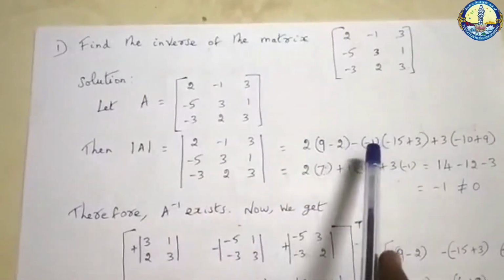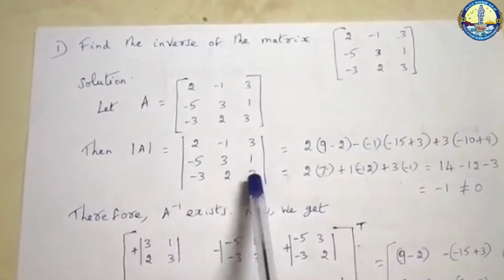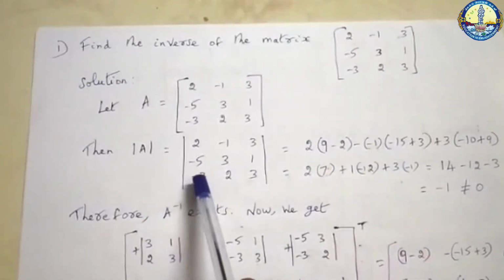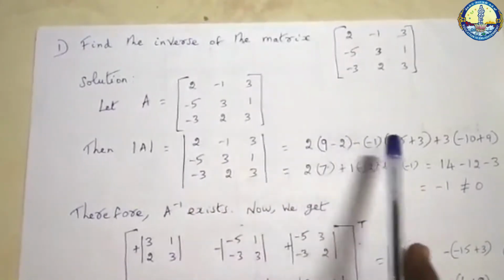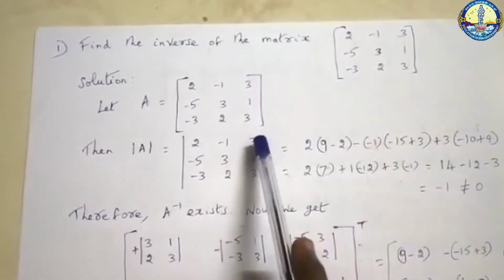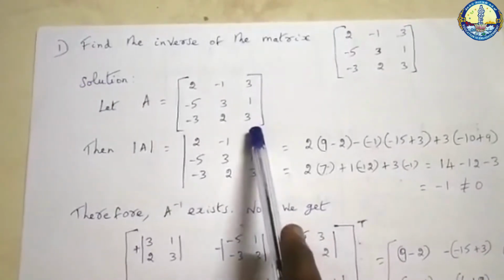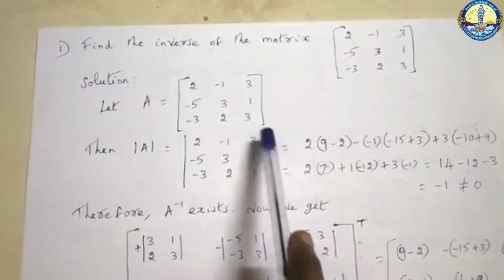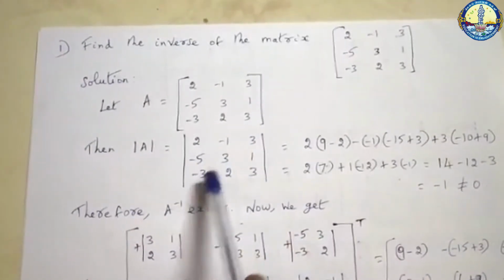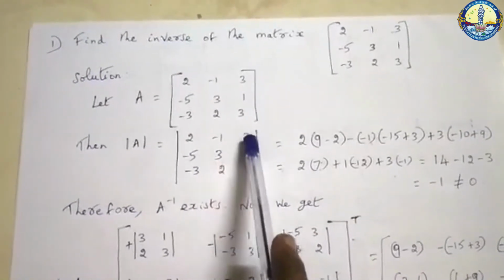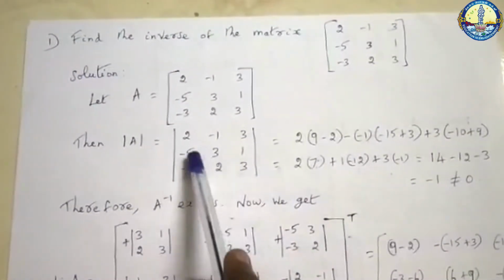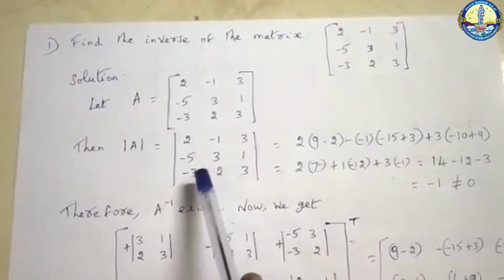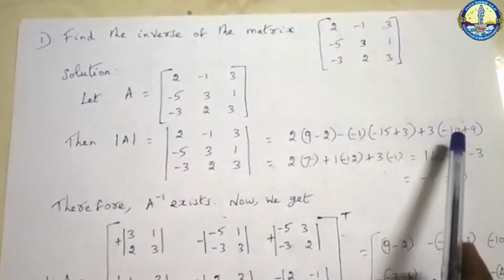So minus 1 into (5 threes are 15, minus 15, 3 ones are 3, minus 3). So we should put plus 3, and then plus 3 into the cofactor of 3. We eliminate its row and column, and the cofactor of 3 uses -5, -3, 3, 2. So 3 into (5 twos are 10, minus 10, and 3 threes are 9, minus 9). So we have to put plus 9.